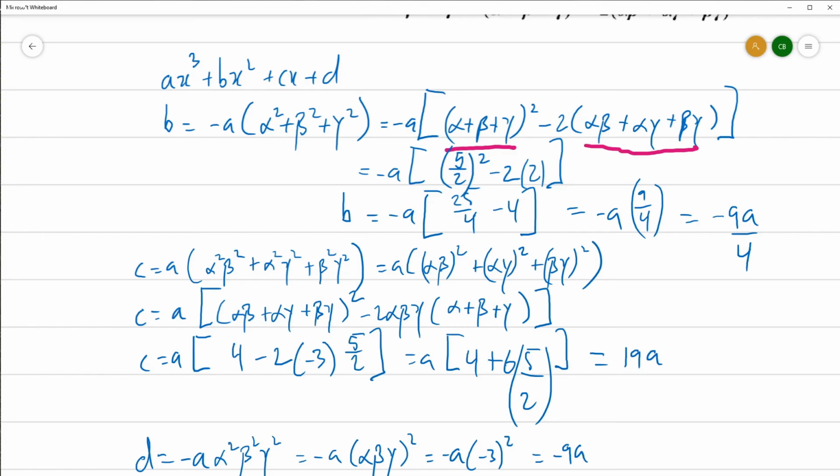So if I have to rewrite this new polynomial, so the polynomial is equal to a x cubed. b is given by this expression, minus 9a over 4 x squared. c is 19a.